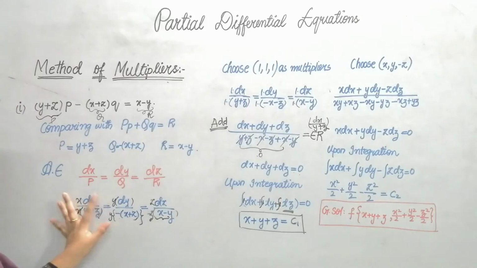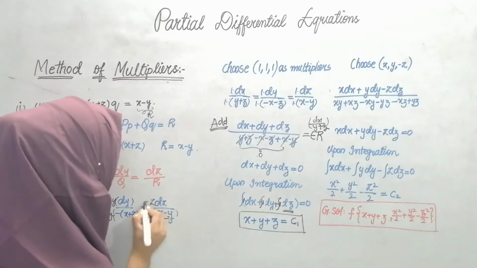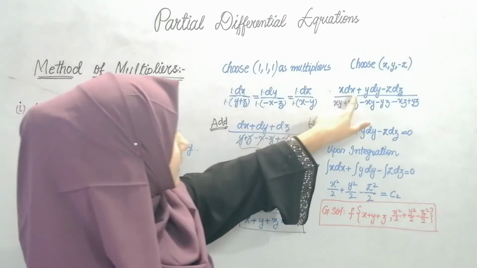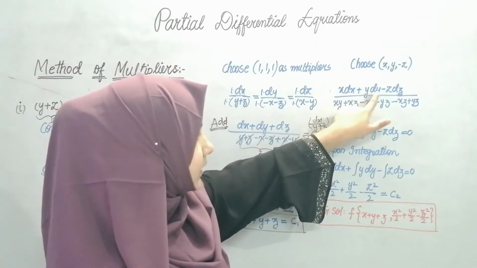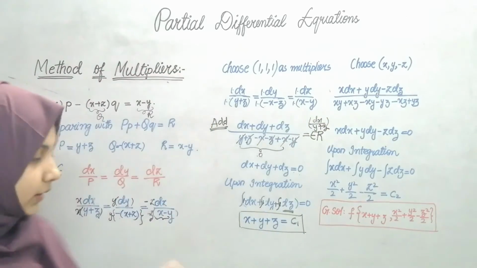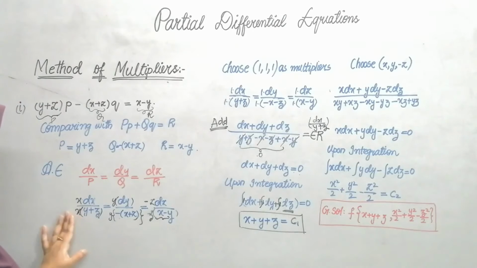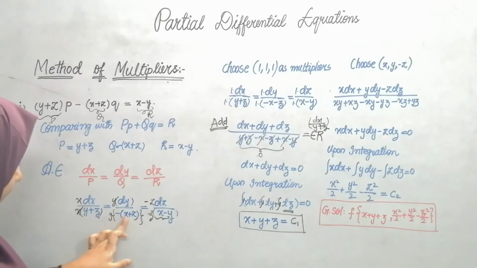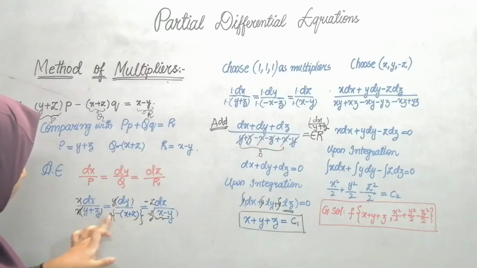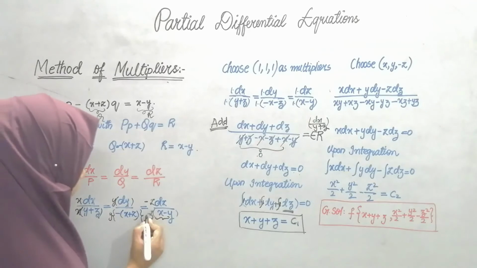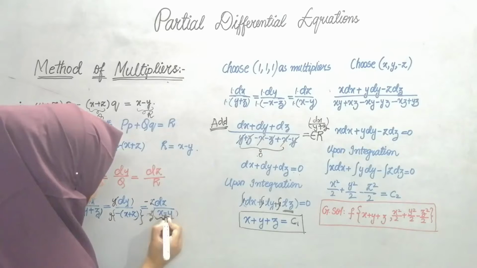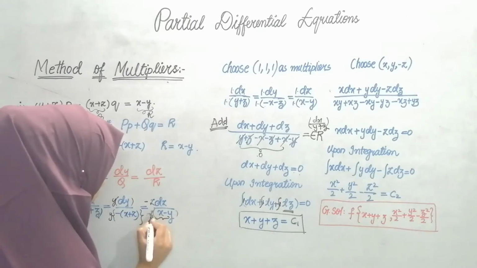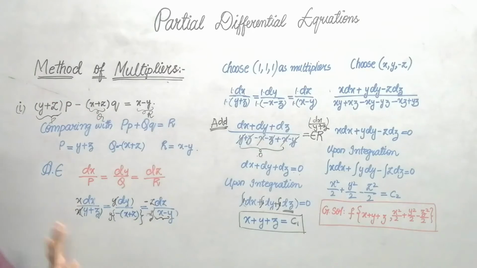So x dx plus y dy, sorry, this is minus z, no? Minus z dz. x dx plus y dy minus z dz. Done. The new denominator: xy plus xz minus xy minus yz minus xz, minus into minus plus yz. Right? Simple multiplication.